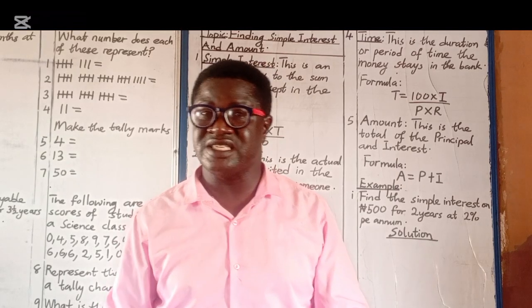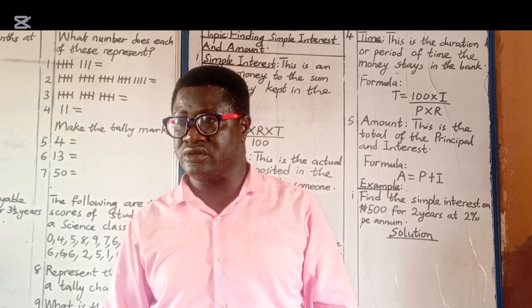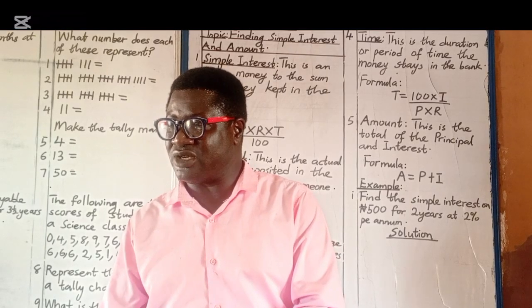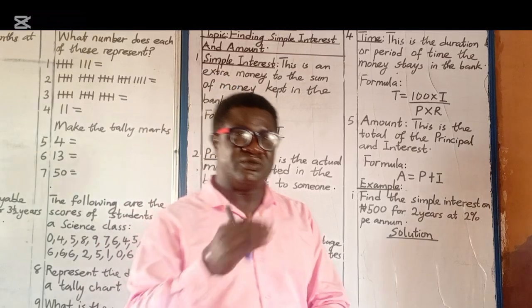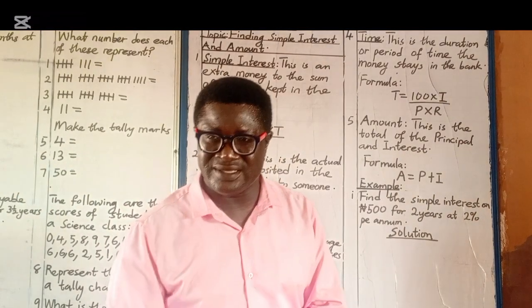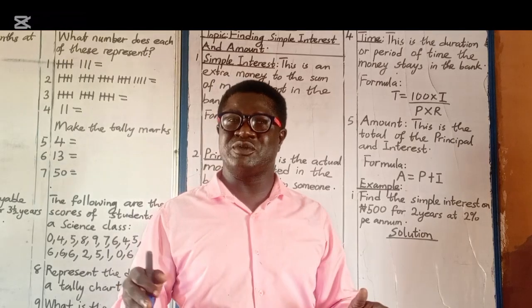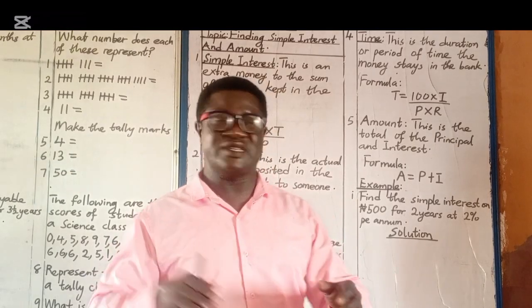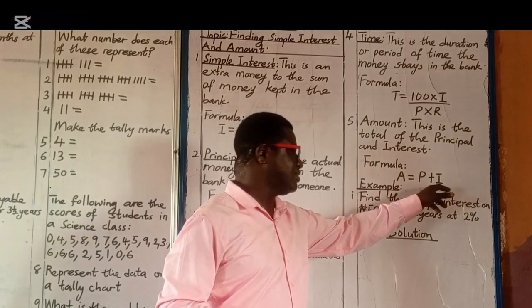Your principal, let's say, is 5,000 naira. And by the time you want to withdraw all the money, an additional 500 naira has been added to it. So you say 5,000 plus 500. That will be 5,500. And that's the amount. Amount equals principal plus interest.